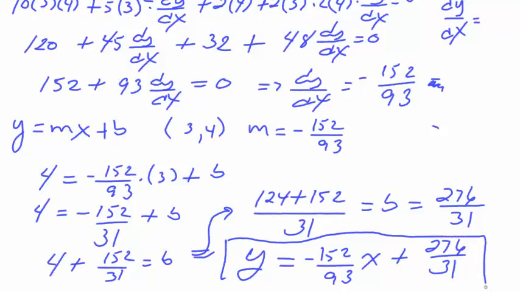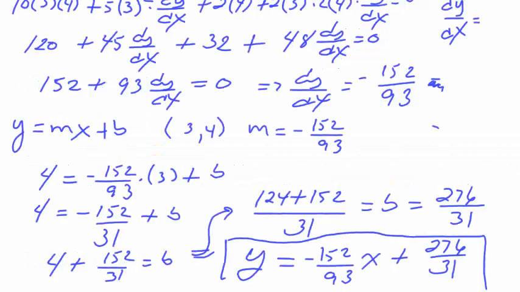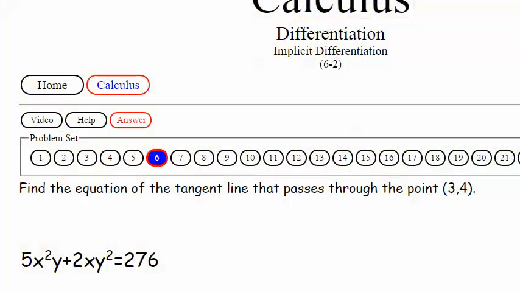Isn't that lovely? Okay, so there you go. Let's remember that. Negative 152 over 93, and then 276 over 31. That's what I was trying to remember.